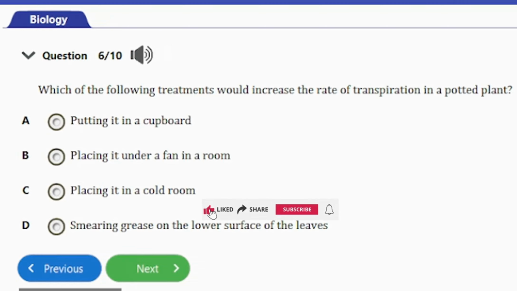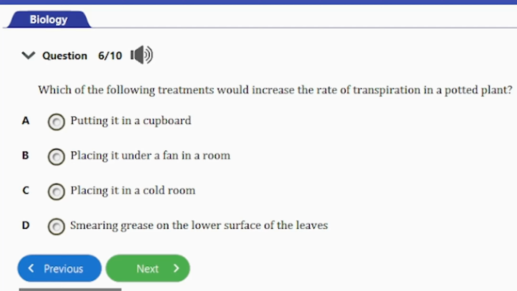Let's consider the next question, question number 6. It says, which of the following treatments would increase the rate of transpiration in a potted plant? A. Putting it in a cupboard. B. Placing it under a fan in a room. C. Placing it in a cold room. D. Smearing grease on the lower surface of the leaves.